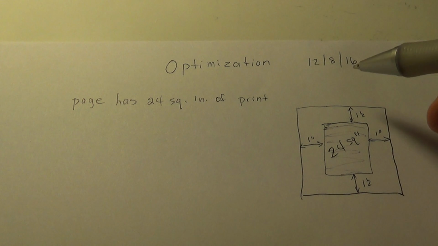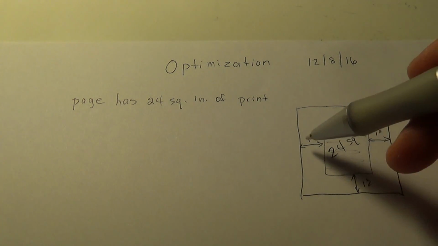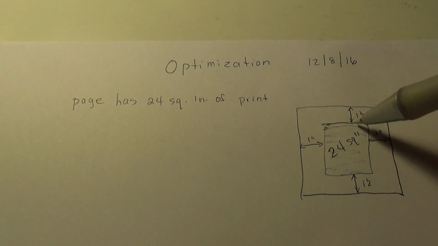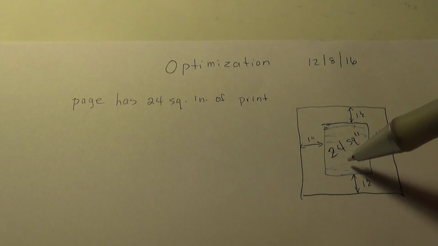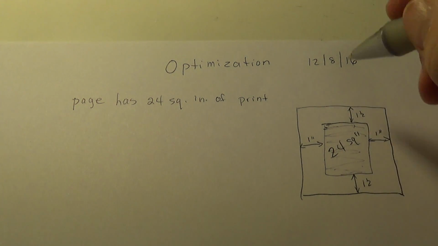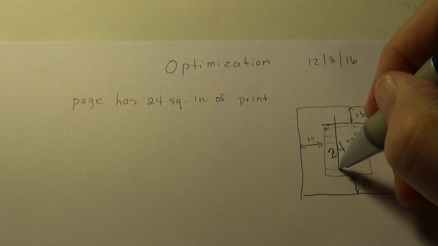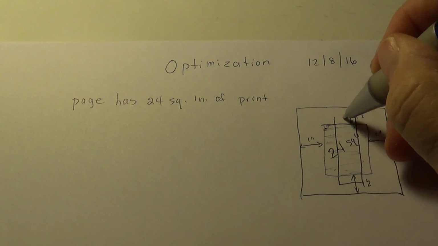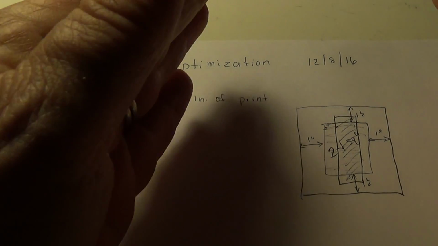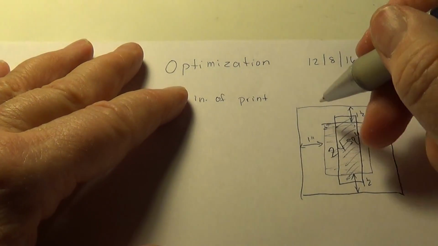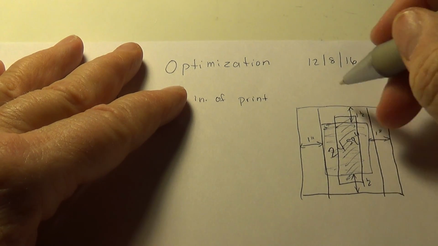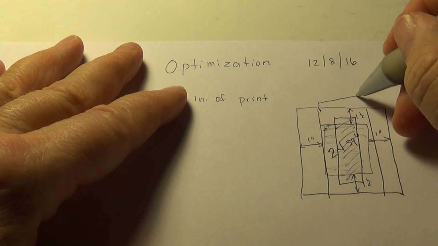So these margins are set and cannot be changed, but the configuration of the print here can be changed. I can have a really long, skinny print part like that. And to have that, the page itself would be skinnier and longer, something like that.